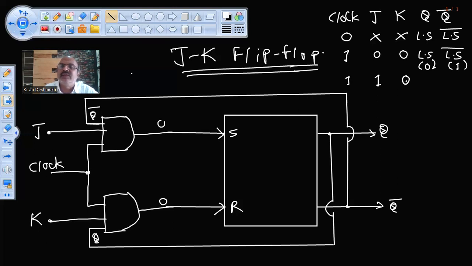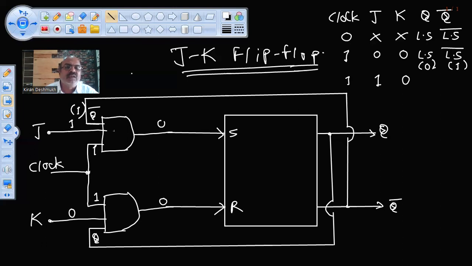Now if your clock is 1, and if J is 1 and K is 0, let us assume like this. Now what will happen? Now clock is 1, so on both sides the clock is 1. Here J is 1 and K is 0. So if K is 0, the output of the AND gate will be 0, no doubt. Now Q bar is 1, the last state.